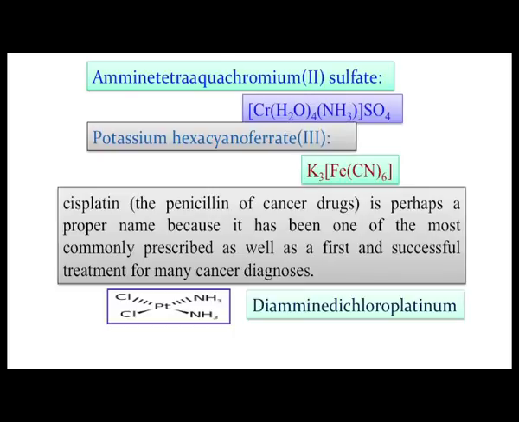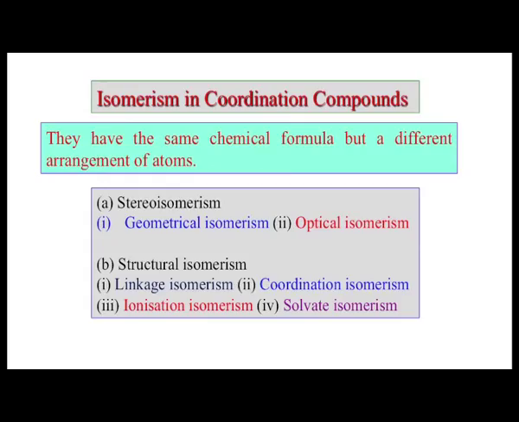Cisplatin is the proper name because it has been one of the most commonly prescribed as well as the first and successful treatment of many cancers diagnosed. So, this gives us some idea that this is the compound where the two amine functions and the two chloride functions are in cis position, and with a coordination number of 4 we get a square planar compound.